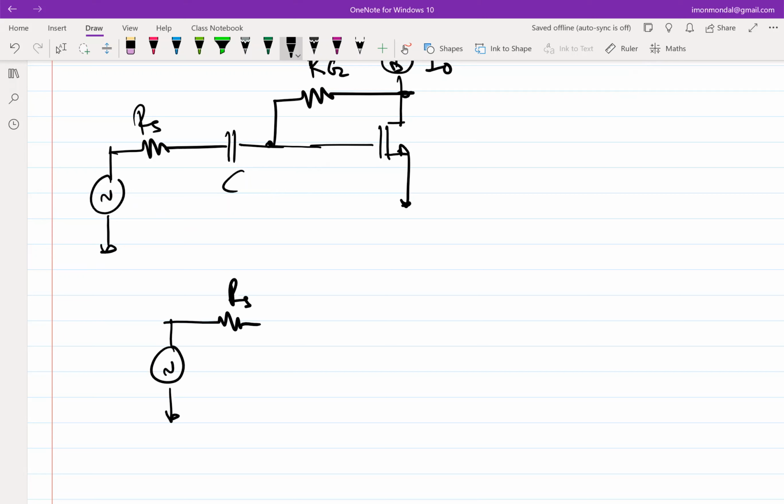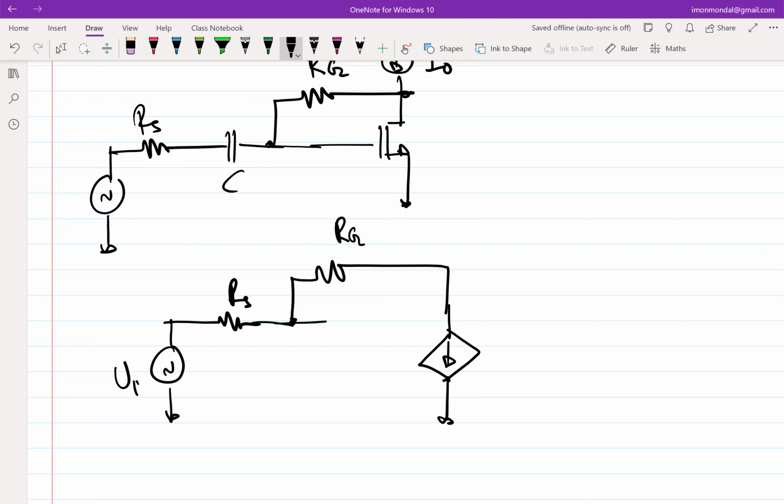This is RS, VI. And you can also add the GDS here because your transistor actually has a GDS, or I can simply say RDS.